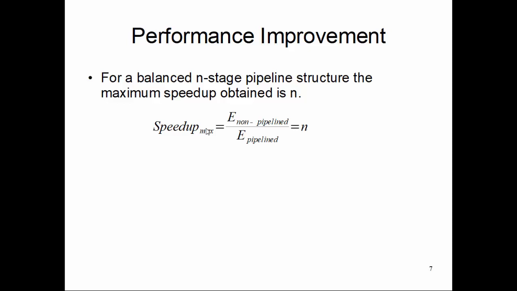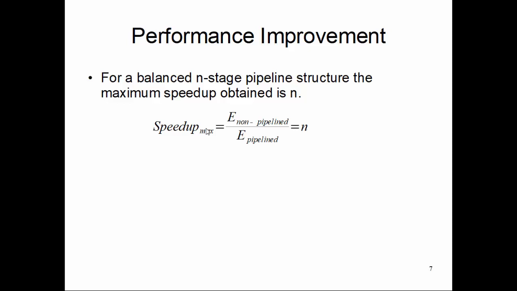In our case, n is 5, because we have 5 stages: instruction fetch, instruction decode, execute, memory, and write back. So for us, n is 5. Let's say there is some other processor which can have 10 stages, 15 stages, even 40 stages is not very uncommon. A 40-stage pipeline and 40-stage instruction execution.